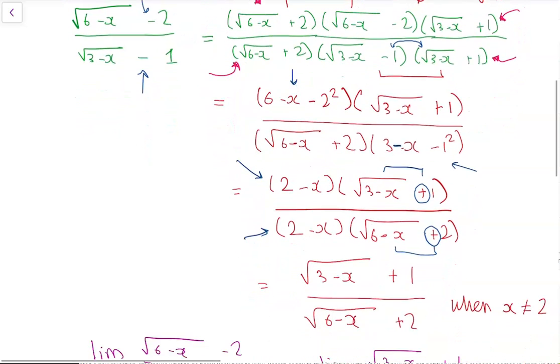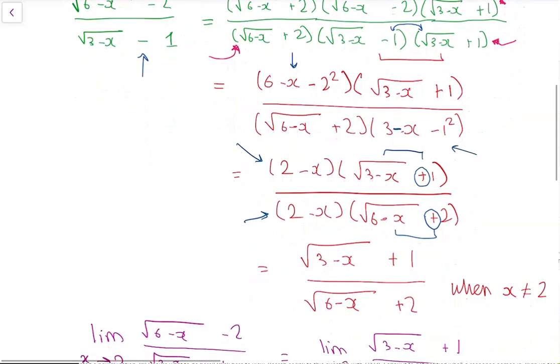And so when x is not equal to 2, you can cancel out the 2 minus x's, and we end up getting square root of 3 minus x plus 1 divided by square root of 6 minus x plus 2.